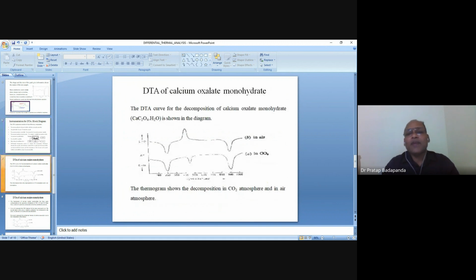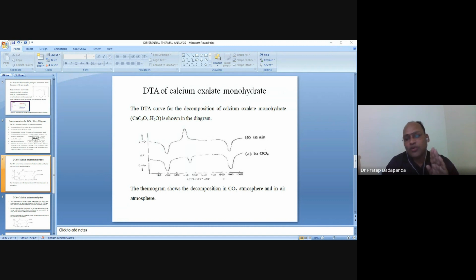So, DTA of calcium oxalate monohydrate. A simple thing, I am giving an example. Here is a water molecule, monohydrate. Calcium oxalate monohydrate means oxalic acid is there, calcium is there, right? Oxalate means it's coming from oxalic acid, C2O4H2, the oxalic acid.